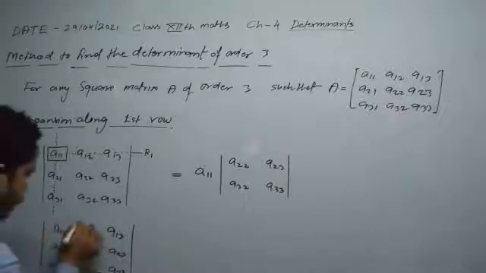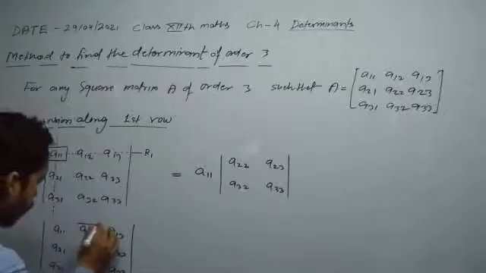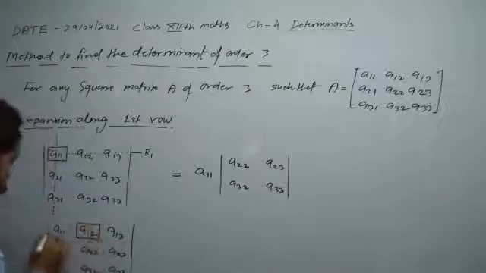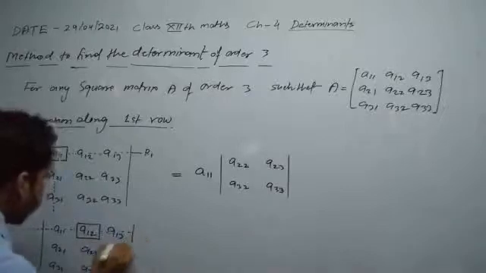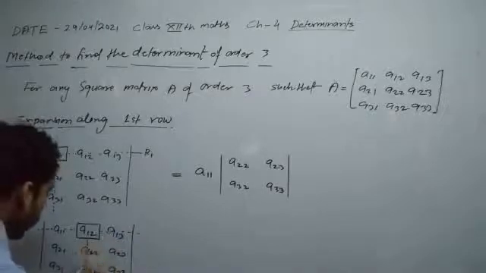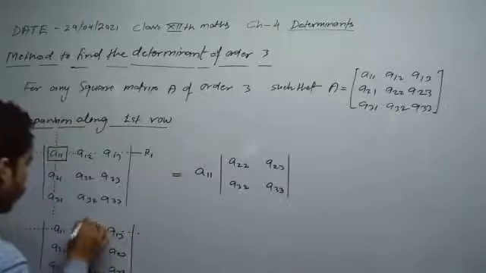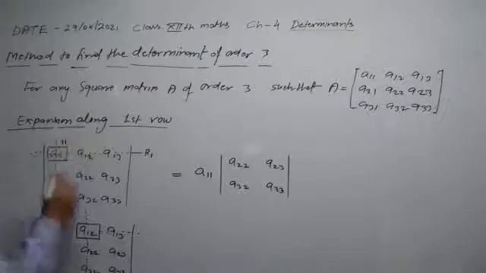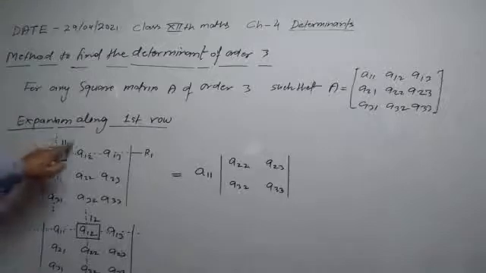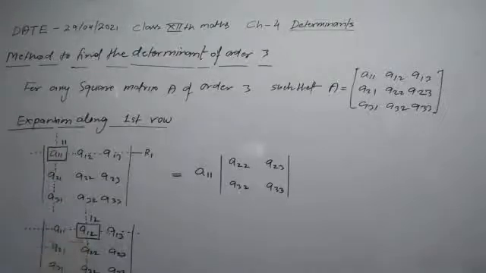See the second element of first row. The left elements will be here, A21, A23, A31 and A33. Its position is 1 1 and its position is 1 2. 1 plus 1 is 2, that is even, and 1 plus 2 is 3, that is odd.